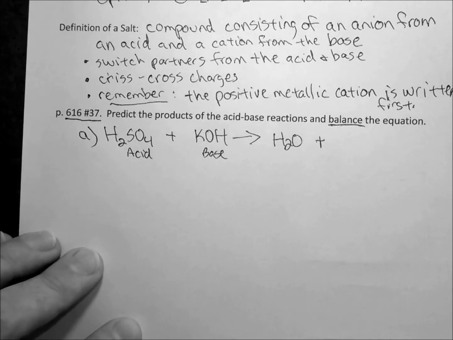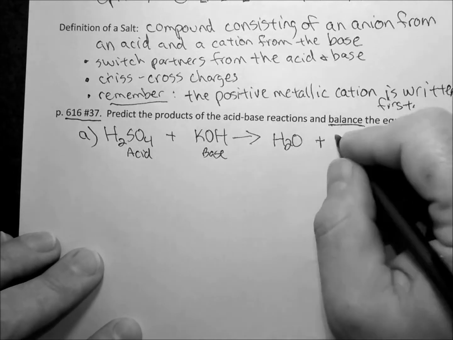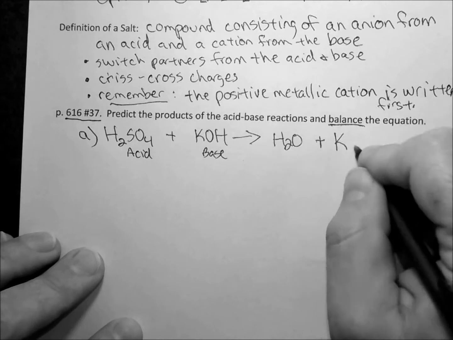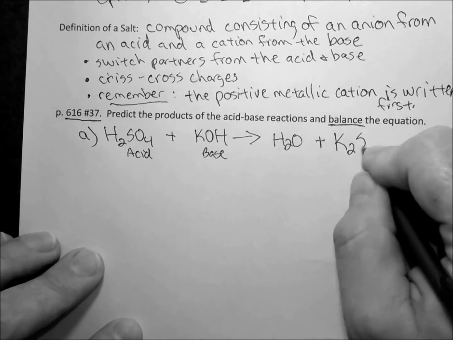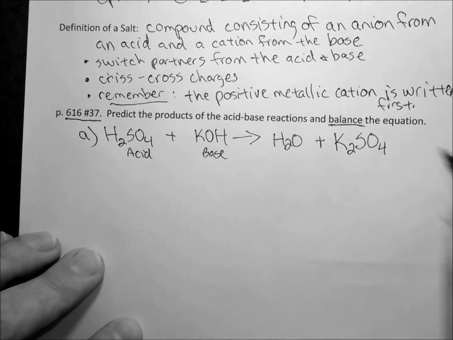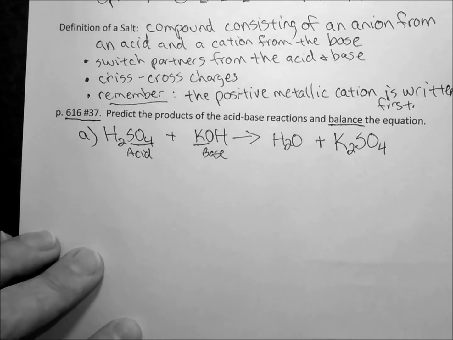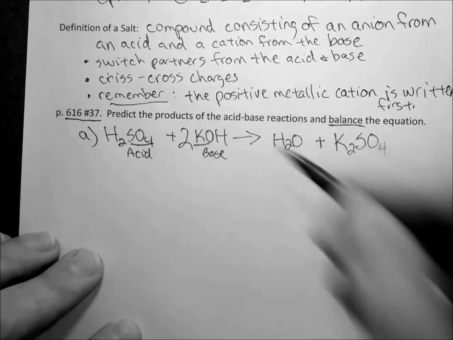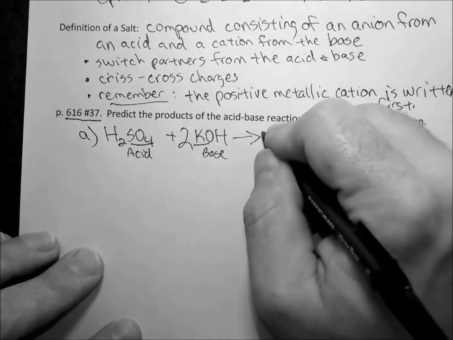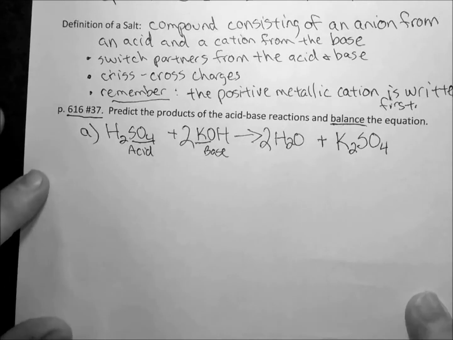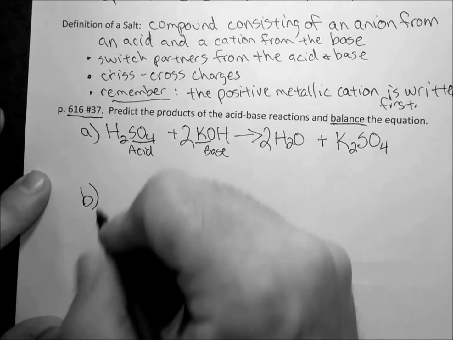What is our new partnership? Lucas: K2SO4. Look at him. He not only found the partners, he crisscrossed the charges to get K2SO4, K is +1 and sulfate is -2. Then you just got to balance it. We'll put a 2 here, and we'll put a 2 in front of our water.